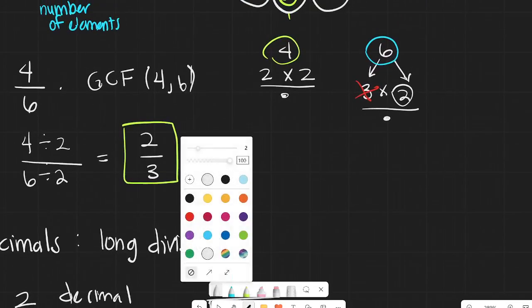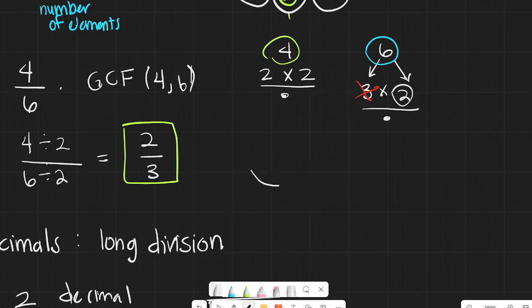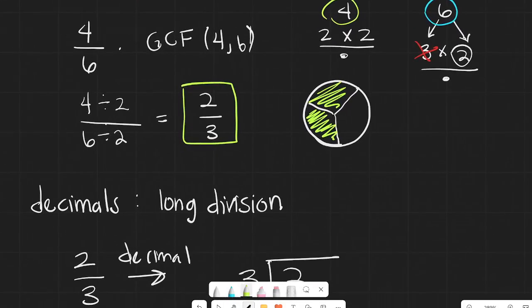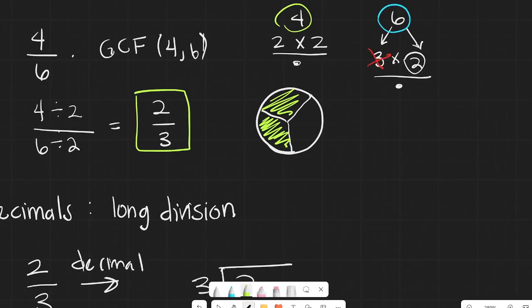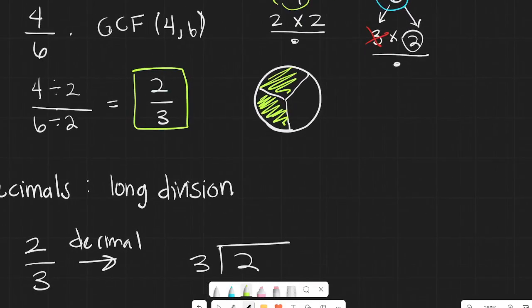If we draw this like a pie that's split up into 3 equal regions, and 2 of them are occupied, we're basically saying how much less than 1 do we have, right?